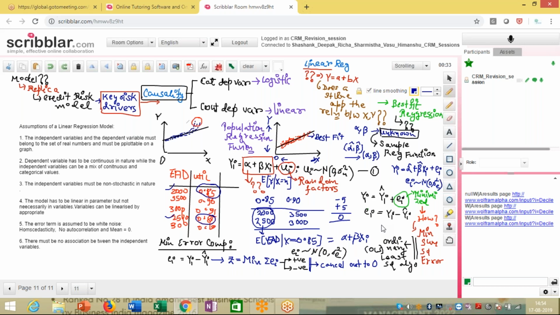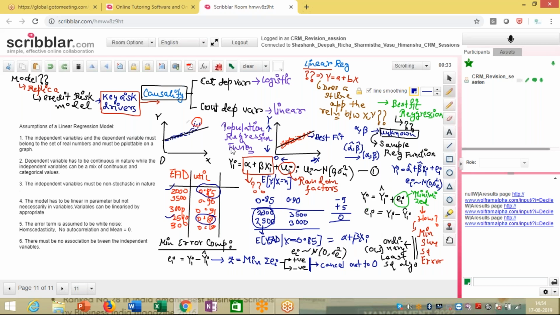But if you do a simple summation, both of them cancel out at 0. That is the reason why we cannot minimize the summation of ei. So that's the first point.